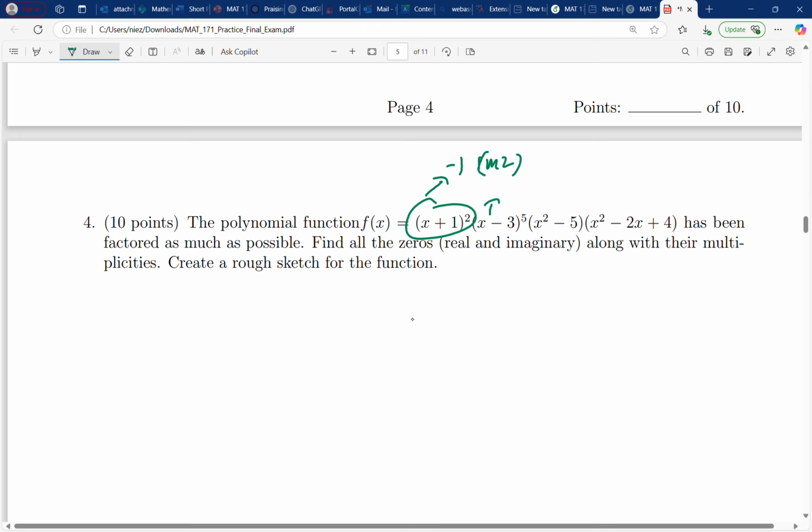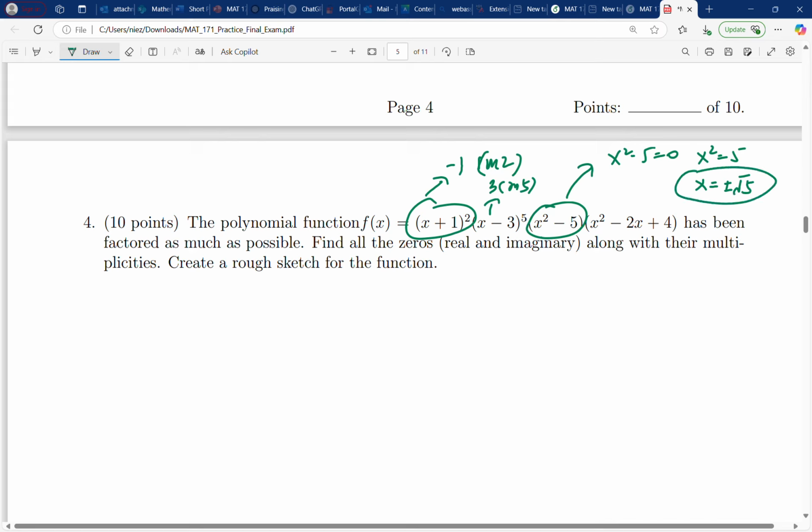And this gives you a 0, which is 3 with multiplicity 5. And this one, you let equal to 0, you will find x squared minus 5 equal to 0. So x squared equals 5, so x equals plus or minus square root 5.